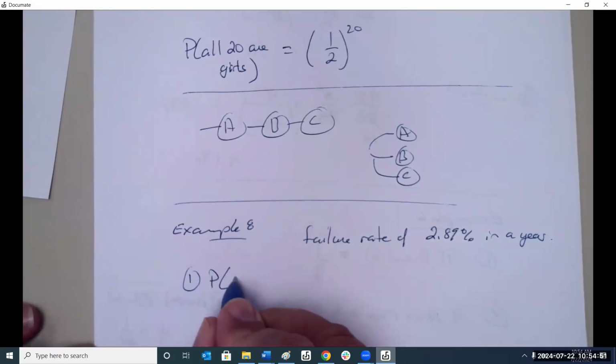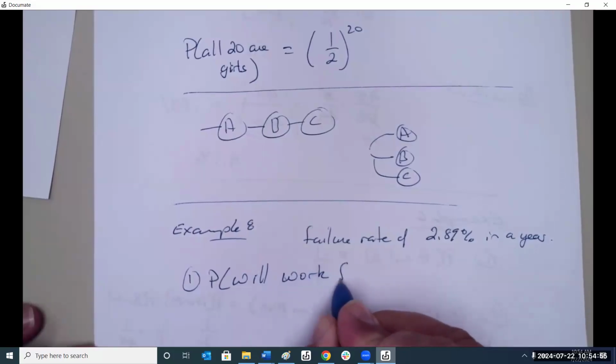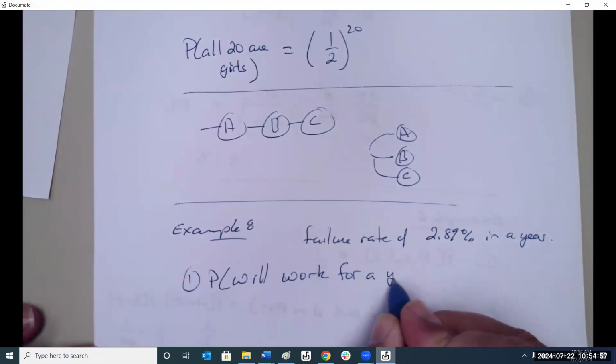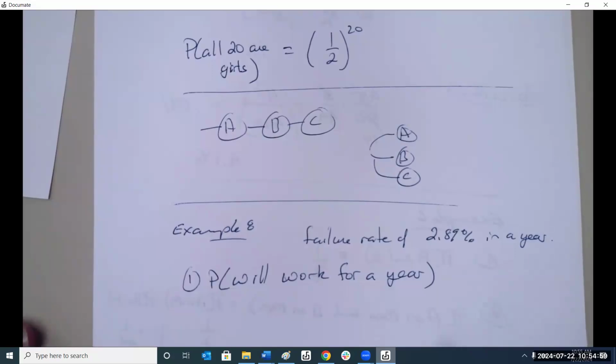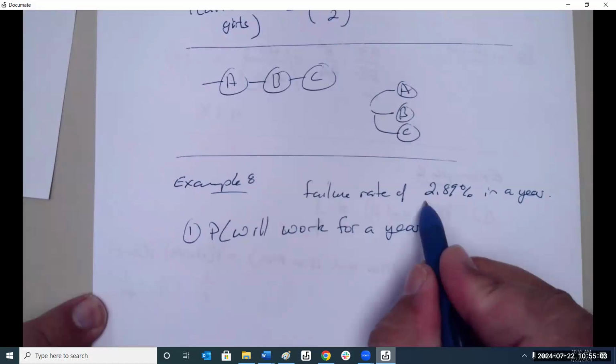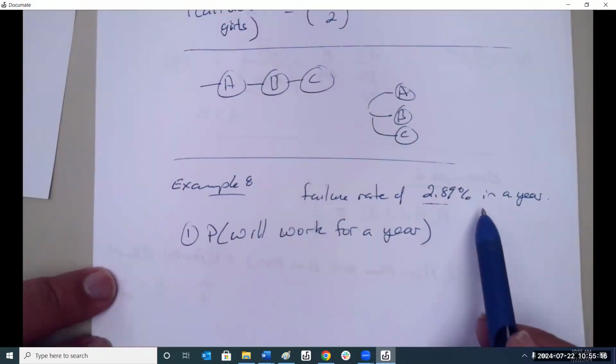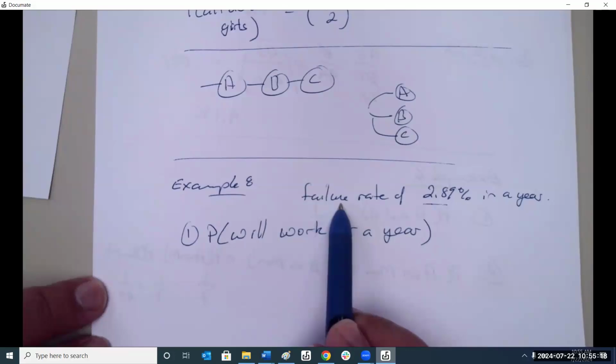The probability will work for a year. All we know is the failure rate for a year is 2.89%. If it's 2.89% to fail, what is it to pass?